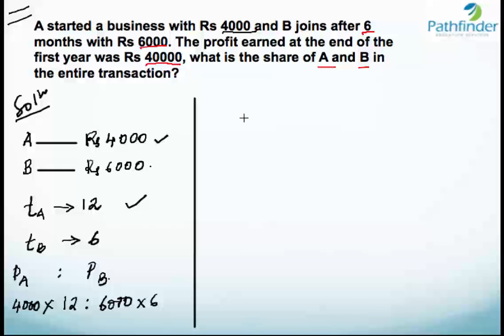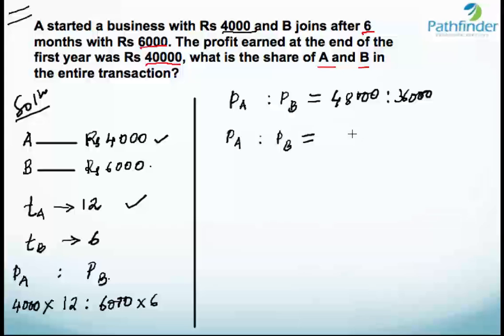So we have profit of A as to profit of B is equal to 48,000 as to 36,000, which means profit of A as to profit of B is equal to 4 as to 3.